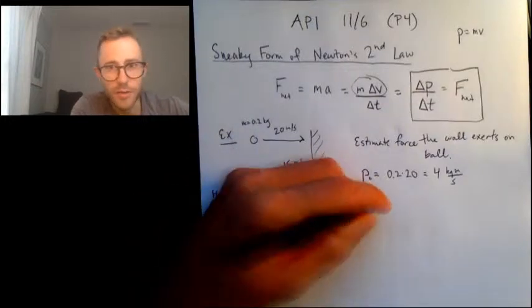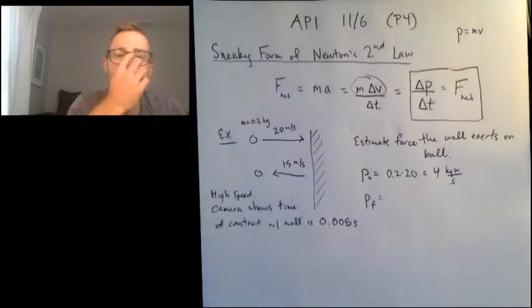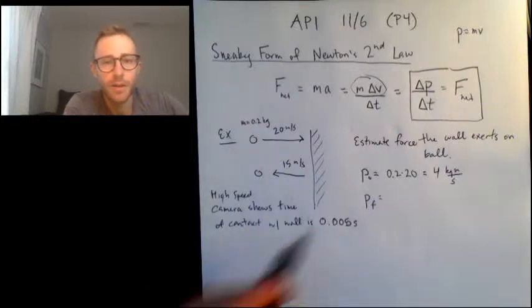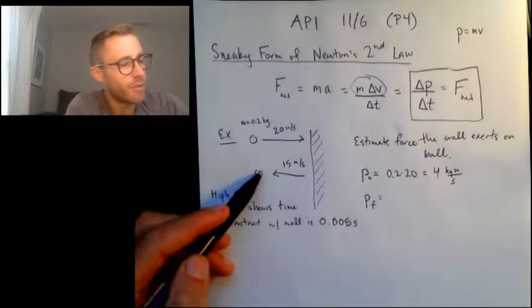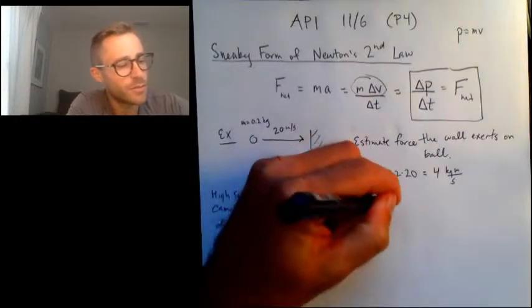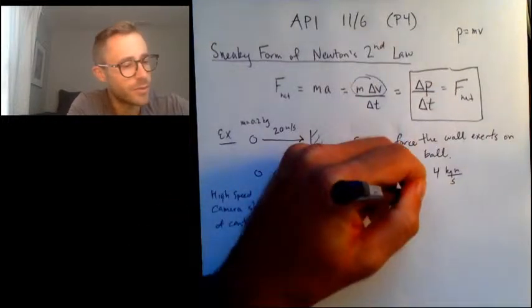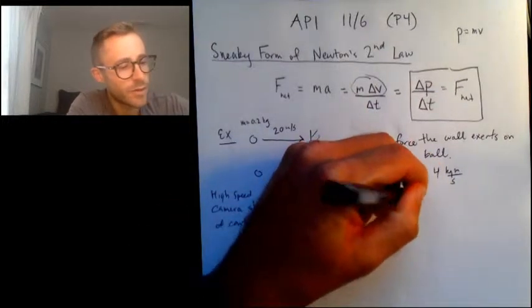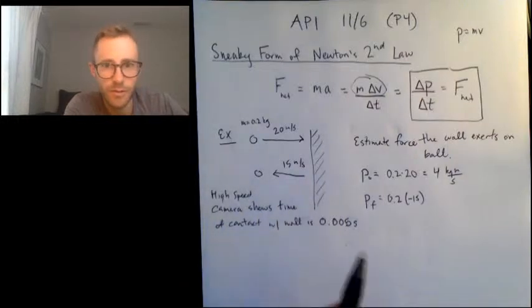The final momentum is going to be, you have a mass of 0.2 kilograms, but it's going to the left at 15 meters per second. So I'm going to make sure to put the minus sign in there to indicate that it's going to the left.